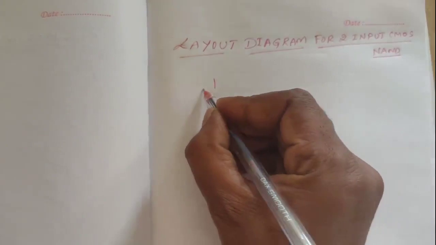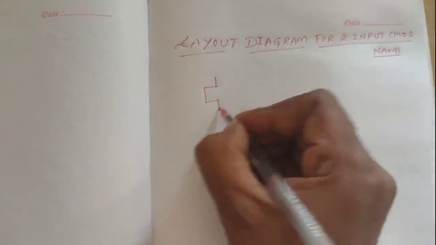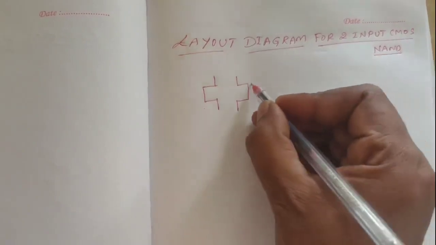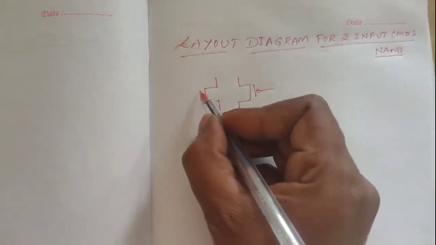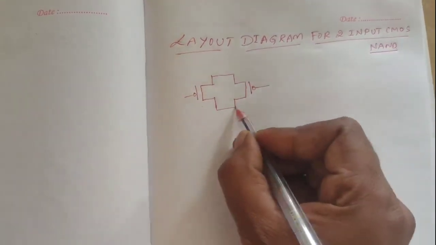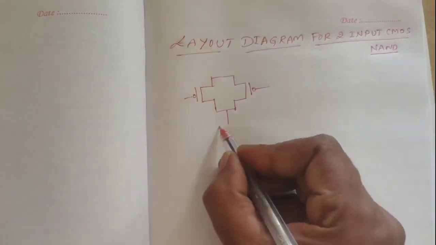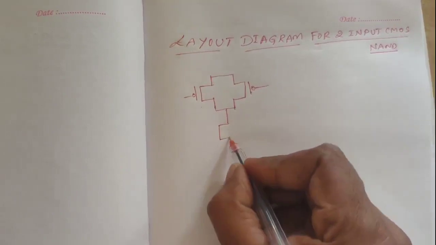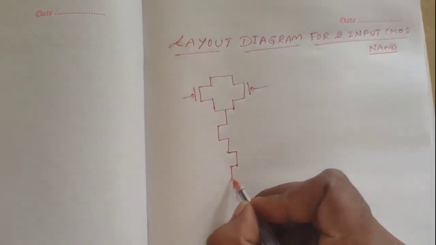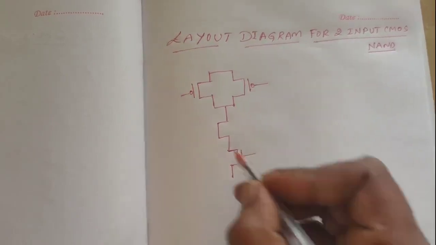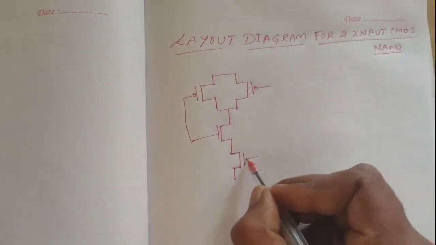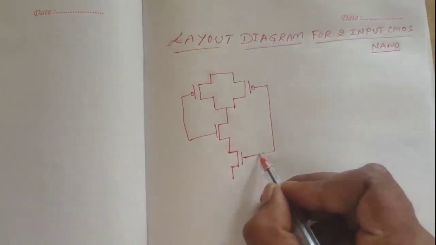So the structure of the schematic diagram: I am going to take two PMOSs connected in parallel, and the two NMOSs connected in series. This we learnt in the previous video on how to create a schematic diagram for a two-input NAND gate. So this will be the structure.